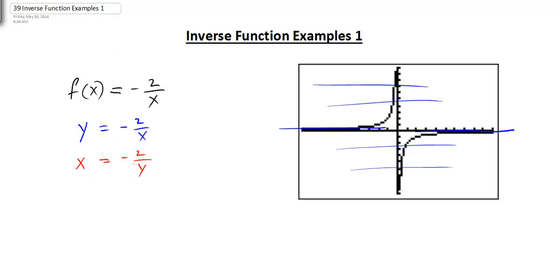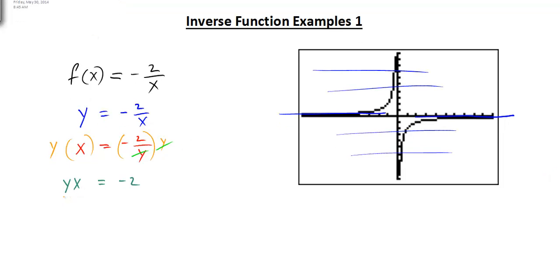In this case, we're going to multiply both sides of the equation by y so that we can get y off the denominator. We would end up with yx equals negative 2, because here the y's would cancel out. Then we want to divide by x to get rid of the x.